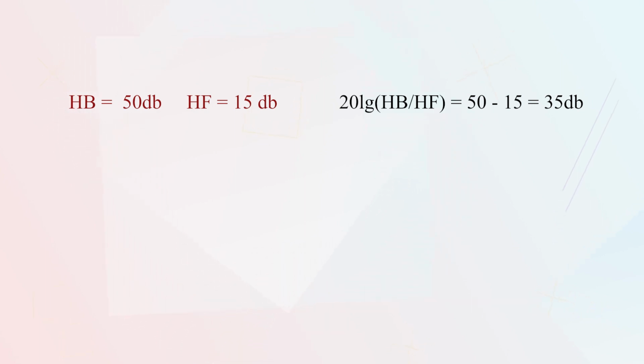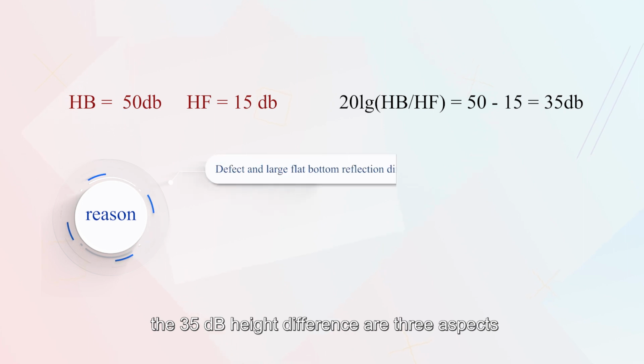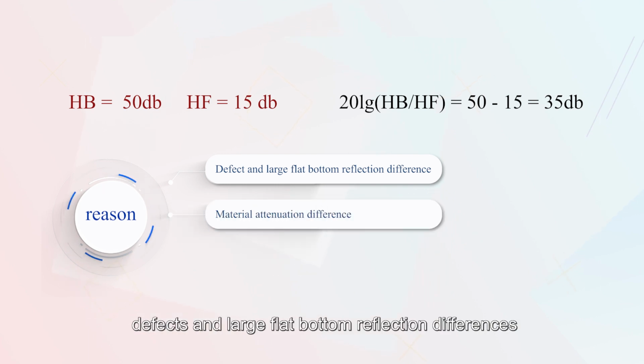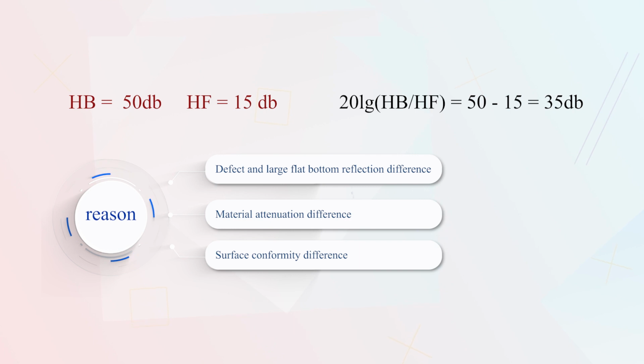decibels can be listed. It should be noted that the reasons for the 35 dB height difference are three aspects: defects and large flat bottom reflection differences, material attenuation differences, and surface coupling differences.